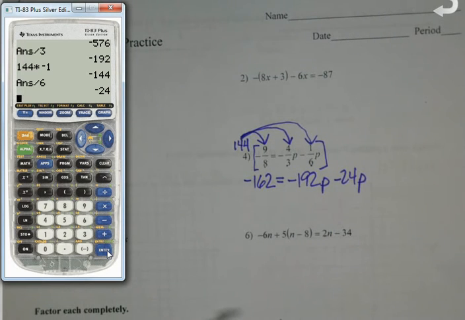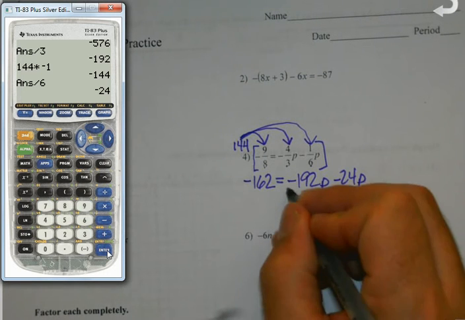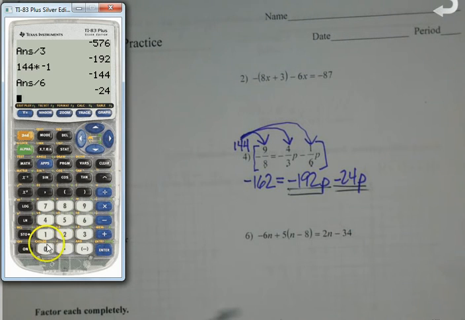Now, it doesn't look wonderful at this point, but at least I don't have any fractions left, which is kind of what the deal is here. Because some of you tried to deal with the fractions straight up, and it got kind of ugly. So something you might want to keep a little bit of a peek on. So I look and I go, okay, what can I do here? Well, those are like terms. So negative 192 minus 24.